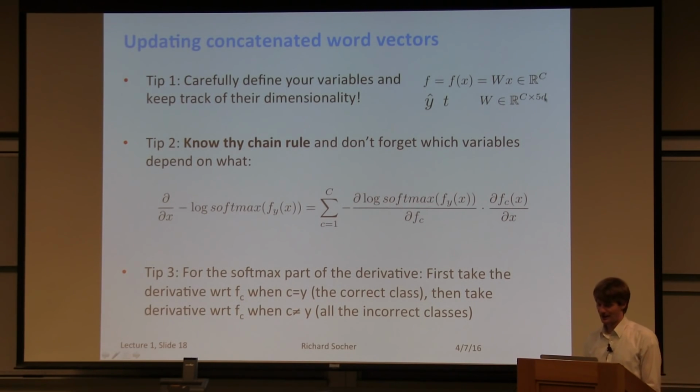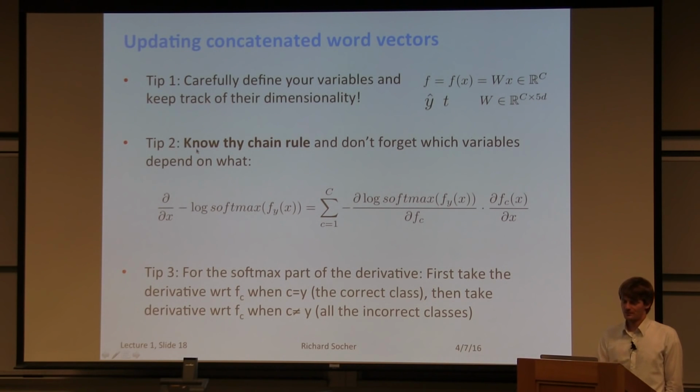Let's say you try to multiply x times W, and x is a 5D vector, and W here is a C by 5D. So you have x on the left side, you already know that this is not a proper multiplication, and you already know you made a mistake. And once you implement this in code, it will also nicely throw an error.